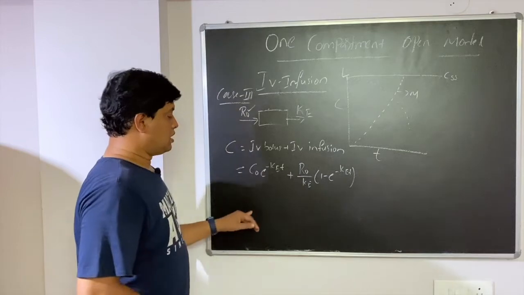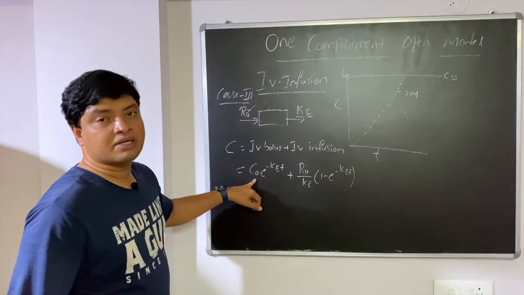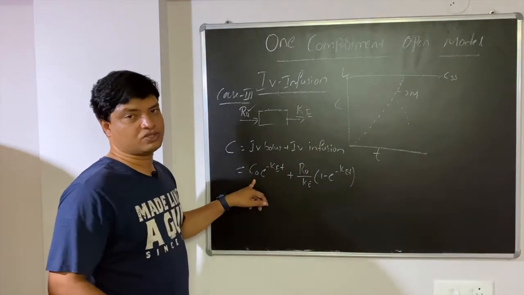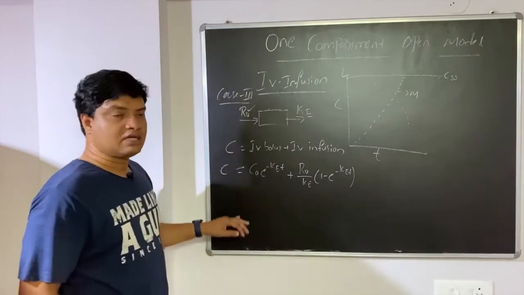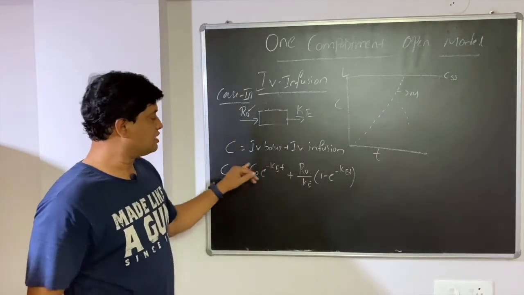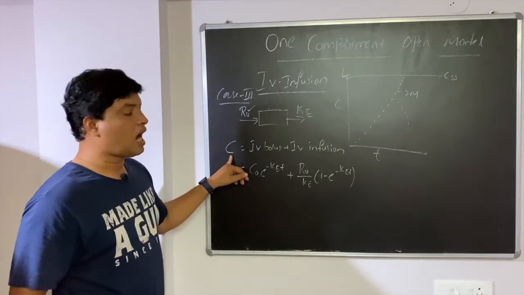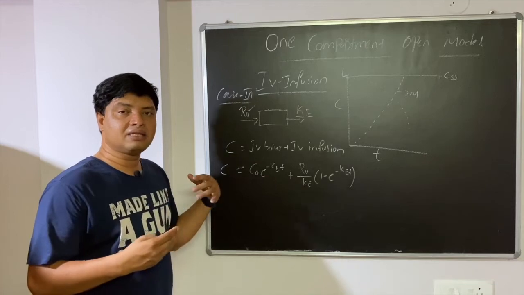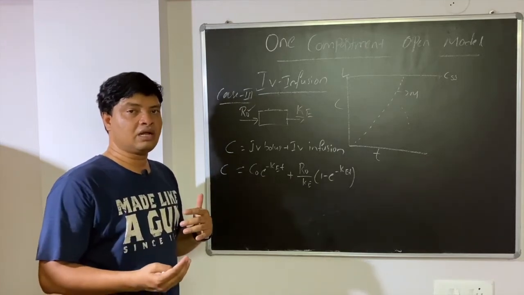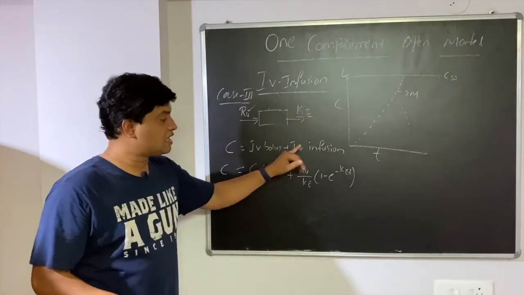Now here we need to represent the loading dose. There is where you will get confused. See, what I am trying to write here is the equation for the concentration in the body when you maintain the steady state concentration by giving IV bolus as well as IV infusion.